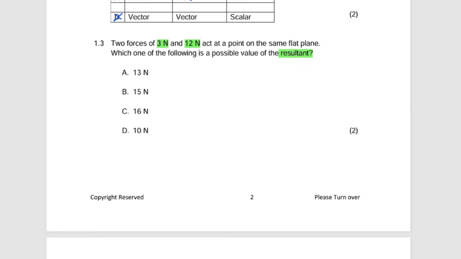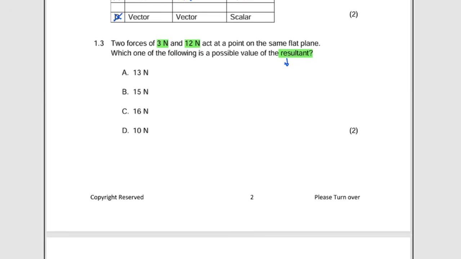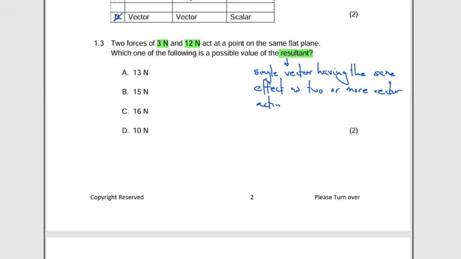By definition, a resultant is a single vector having the same effect as two or more vectors acting together. So now we're looking for something that is going to give us this answer.